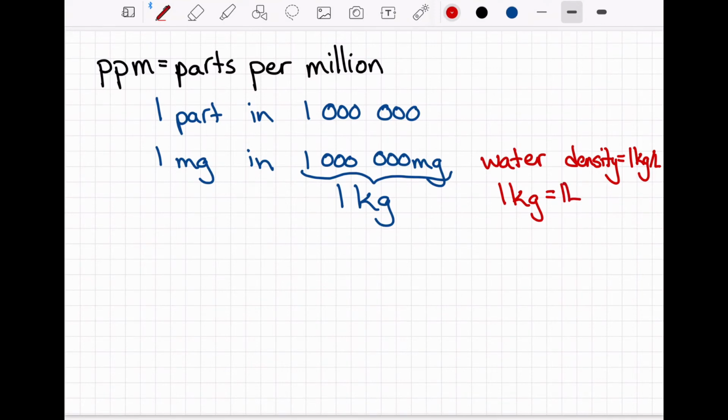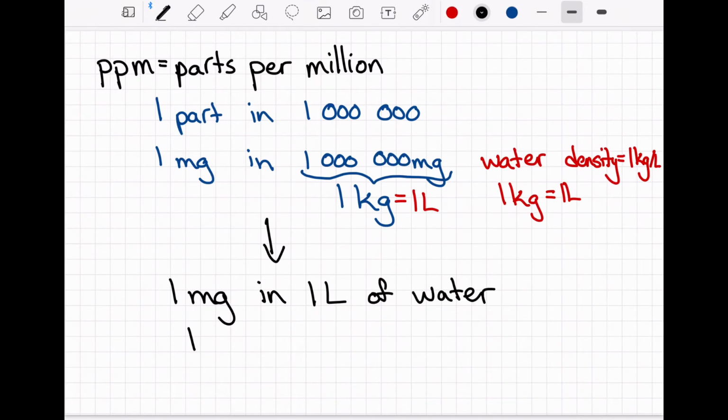So this 1 kilogram is the same as saying 1 liter. So then we move down, and this all means that 1 milligram in 1 liter of water. So that's what a part per million is.